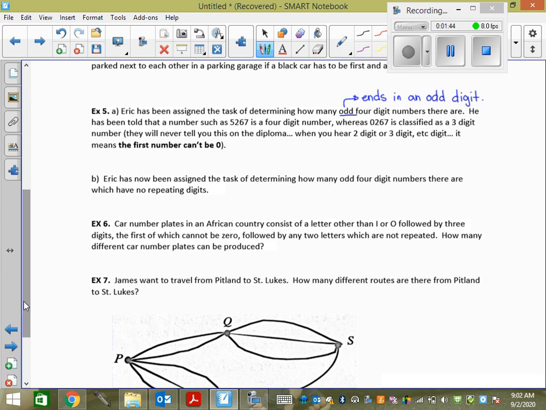Now a 4-digit number is one that literally could fill in 4 blanks. We agree? But I'm going to pay you in a 4-digit number. I'm going to pay you this much.